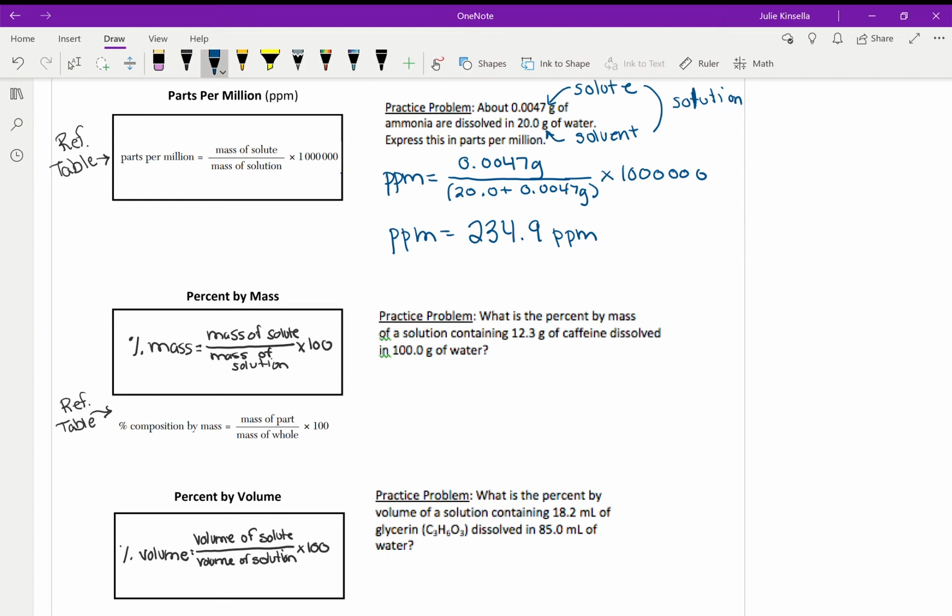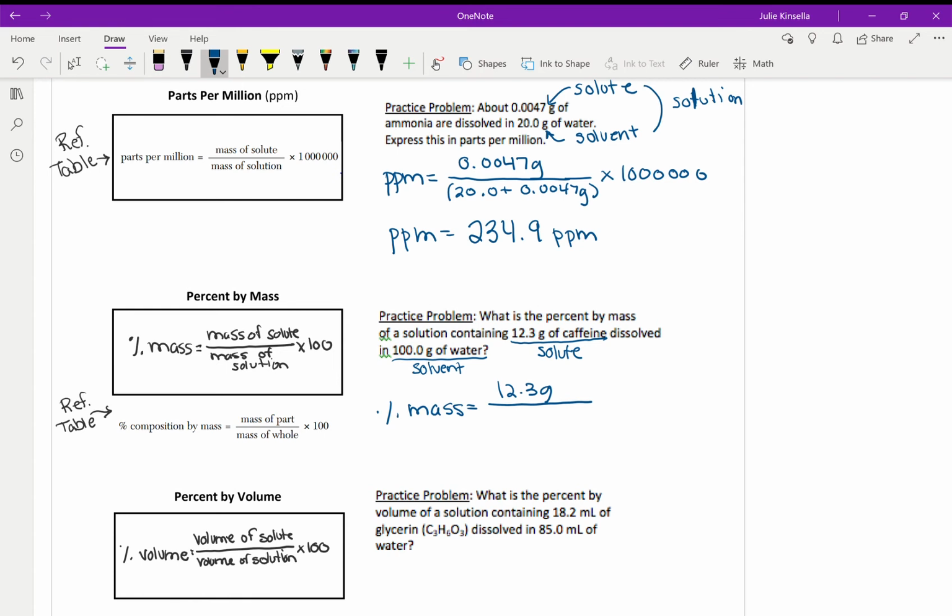What is the percent by mass of a solution containing 12.3 grams of caffeine that's dissolved in 100 grams of water? The 12.3 grams of caffeine is our solute, and the 100 grams of water is our solvent. For percent by mass, we're going to have the mass of our solute, 12.3 grams, over the total mass.